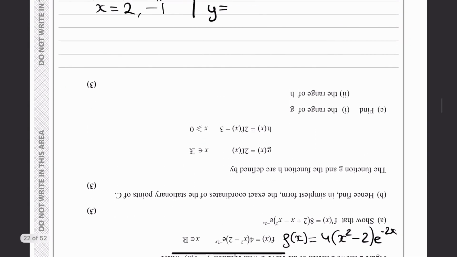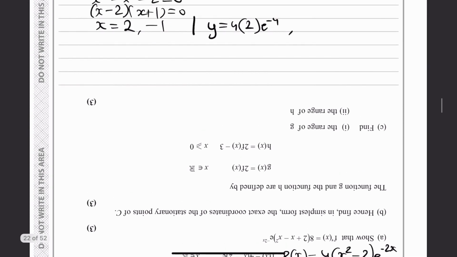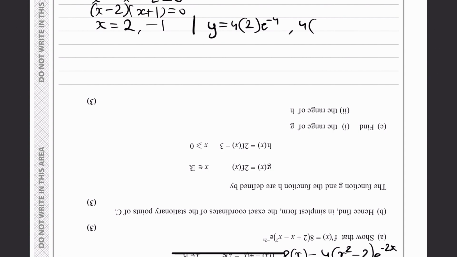So when x is 2, we get 4 times 2 squared minus 2, 4 times 2 e to the minus 4. And the second one is when you put minus 1 into that, you get 4 times minus 1 squared, so 1 minus 2 minus 1 e to the 2.